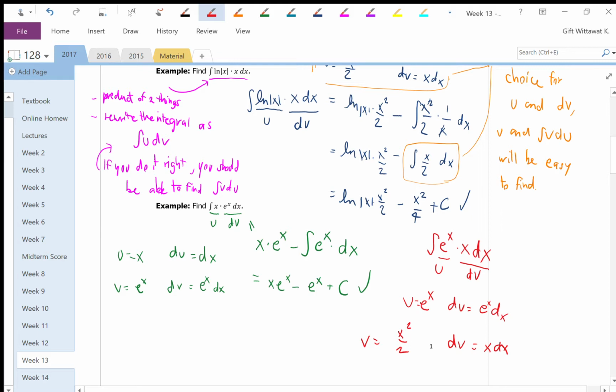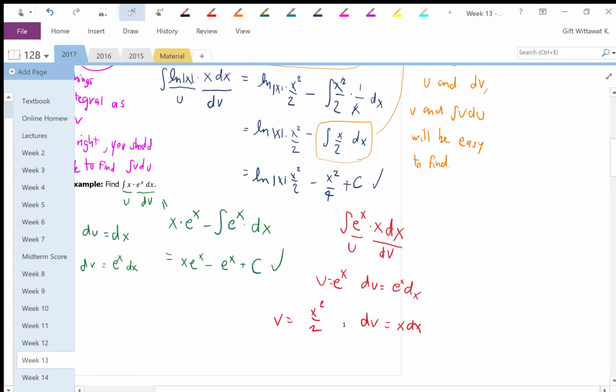Now, I'm not running into a problem yet, so maybe this is going to work. So let's keep going. So my u times v is going to be e to the x times x squared over 2, minus the integral of v du. So that's going to be x squared over 2 times e to the x dx.